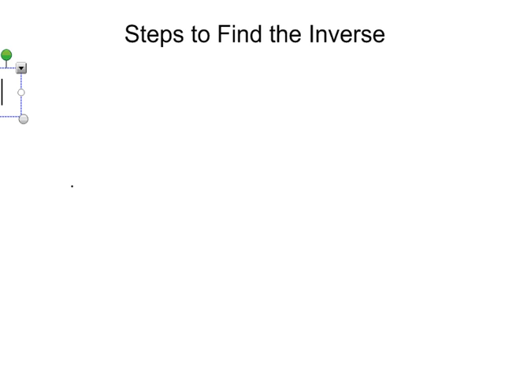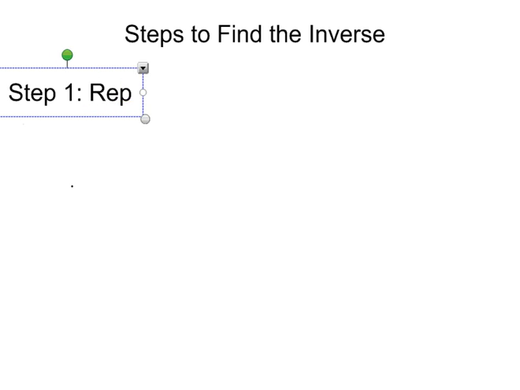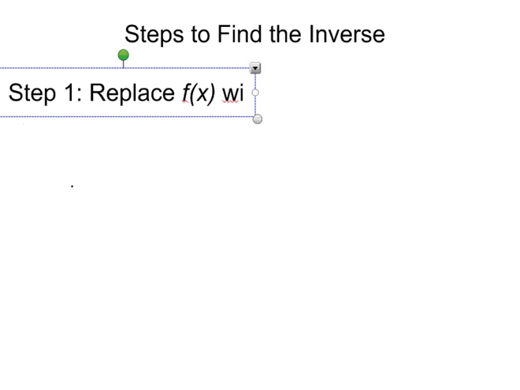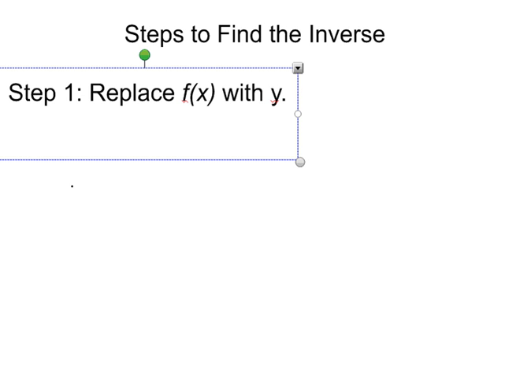Step 1. The first thing we're going to do is we're going to replace the f of x with y. Okay, this is because y is easy to deal with. You can solve for y, and it's just another way to represent your output.